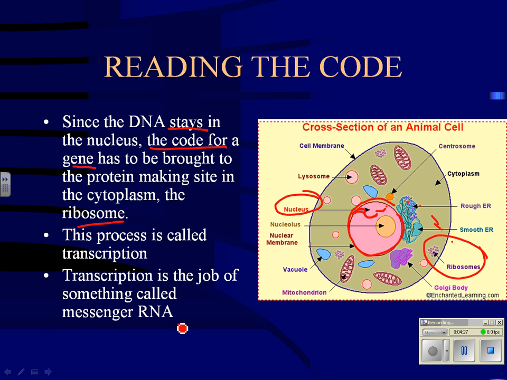Transcription is the job of something called messenger RNA. We'll abbreviate that as mRNA. This is a difficult concept and one that's going to take you a little bit of time to learn.